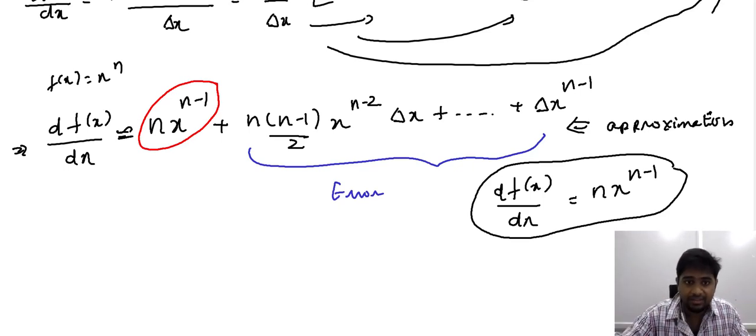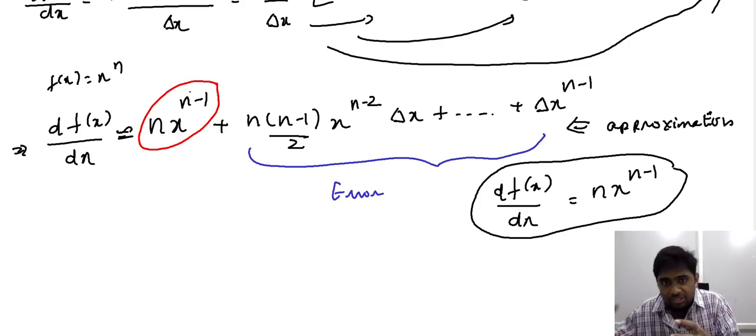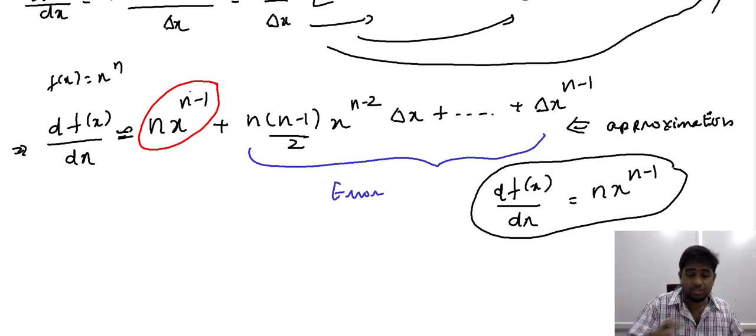You observe that the first term of the approximation in itself gives you the exact answer. So you cannot further refine the exact answer, right? Whatever additional terms there are in the approximation, they essentially contribute to the errors. So we categorize them as the error terms, or error functions.